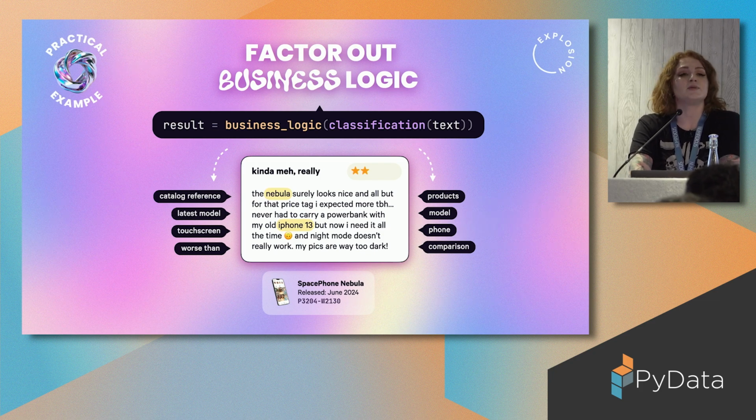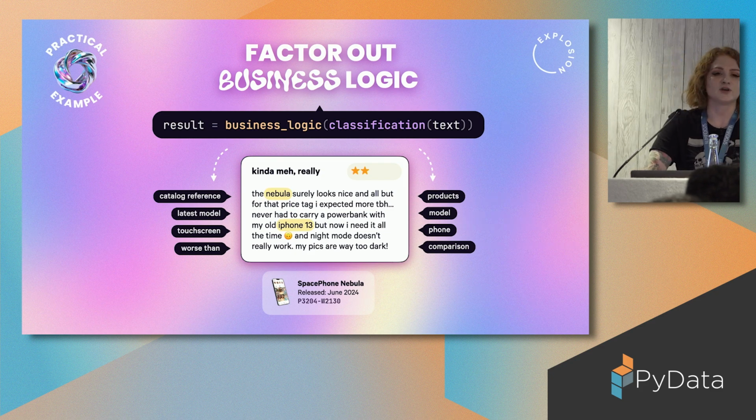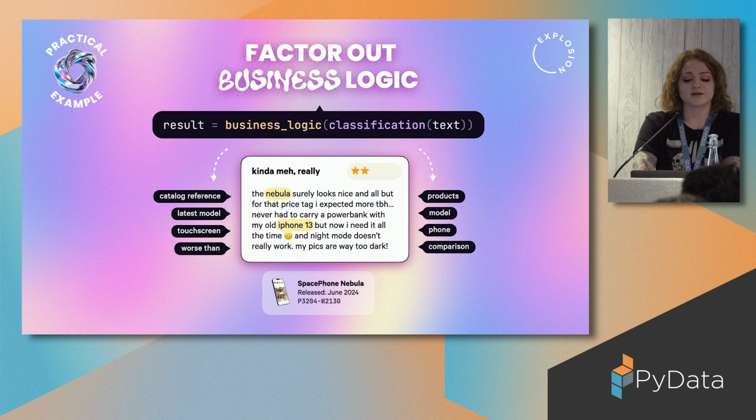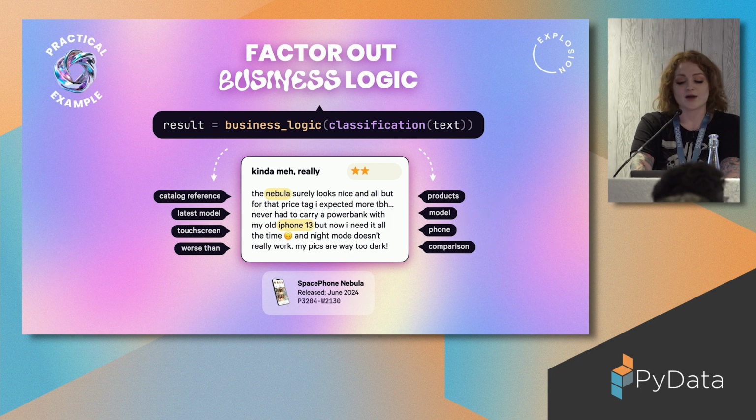But that info can be outdated tomorrow, needs an incredible amount of data, and it's not really something you want to predict. It's something that you can ingest from elsewhere, or the fact that it's a touchscreen phone. You would make your problem a lot harder if you were trying to predict this instead of, say, feeding that in from your database, or the fact that it's worse than the iPhone 13.